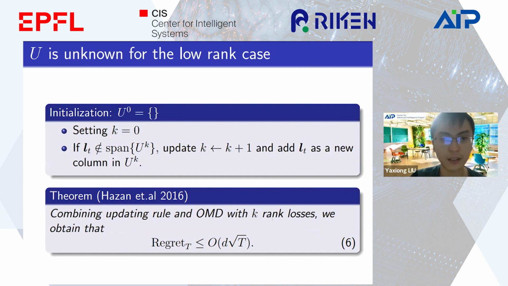We can use induction: we first assume that the kernel is the empty set. Once a received loss vector cannot be represented in the current subspace, we just add this new loss vector to the kernel. Then it gives the regret bound as d times square root of T.